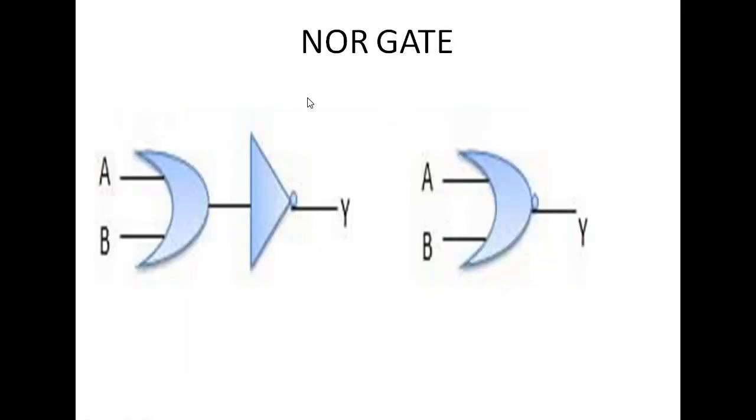Next gate is the NOR gate. NOR gate is also the opposite of OR gate, and it is a combination of two gates, that is OR with NOT, that is your NOR.